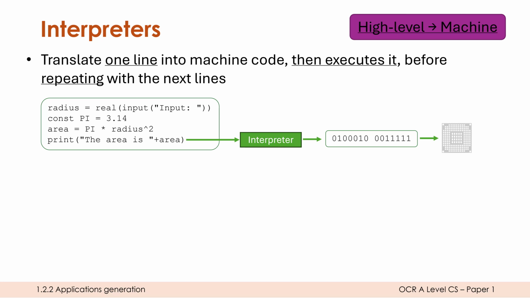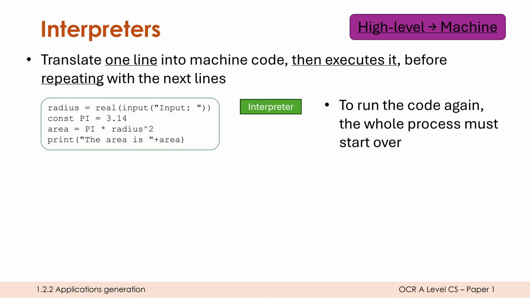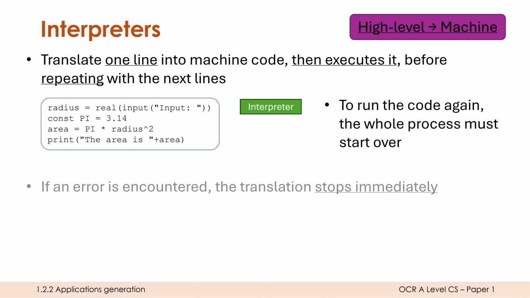Once my program finishes, if I want to run it again, I have to go right back to the start and reinterpret it. The interpreter will just do its same job again in the future, which is one of the downsides of an interpreter, that the binary code it produced isn't really saved anywhere. It's just done on the fly and we have to repeat it each time.